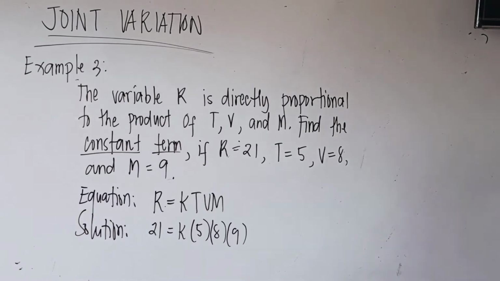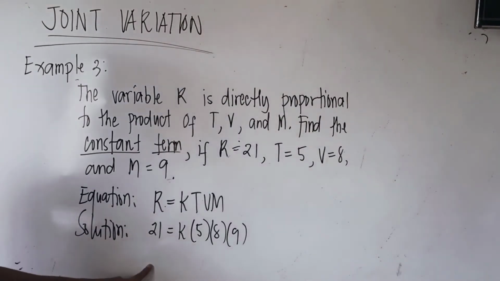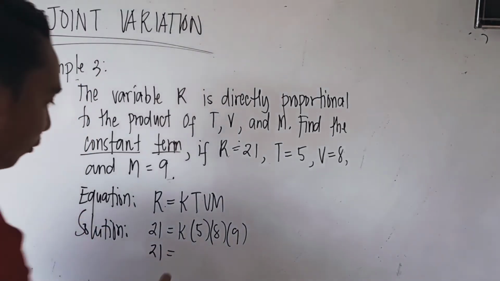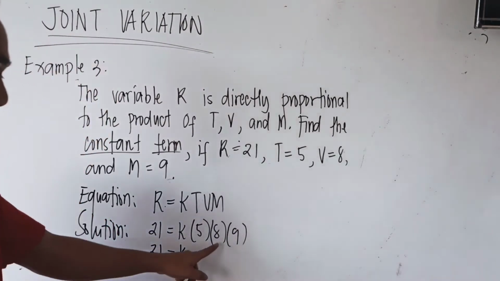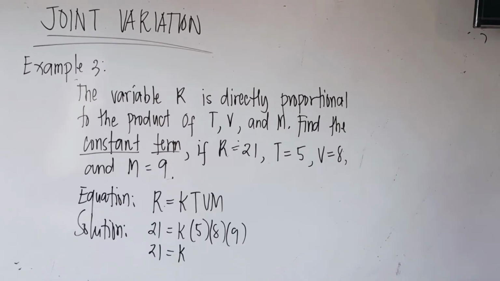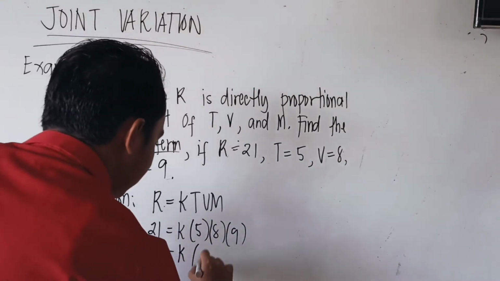Okay, then simplify natin syempre. So, copy na po natin yung 21. And then, multiply 5 times 8 times 9. Ano kayong sagot? That is equivalent to? Sige nga, 5 times 8, 40 times 9, 360.